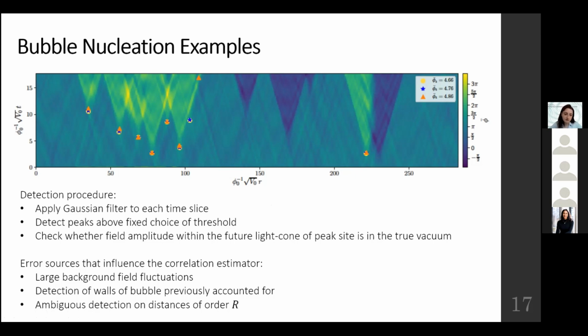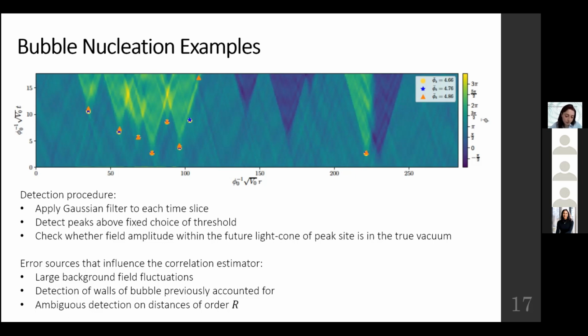Then on these smoothed slices, we detect peaks above our choice of thresholds that are written here. And then we look to the future of these peaks and see whether their light cone lies entirely in one of the true vacuum potential wells.